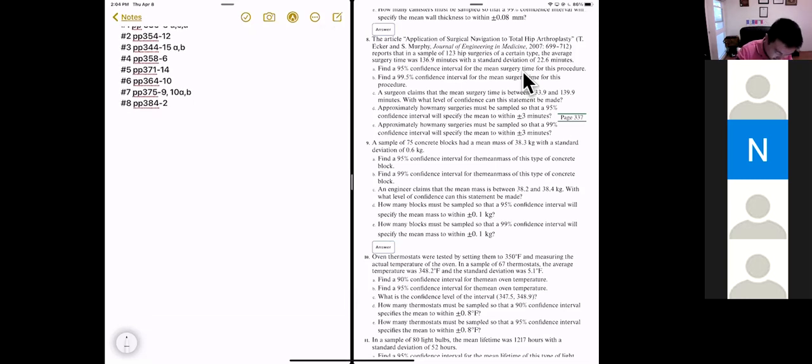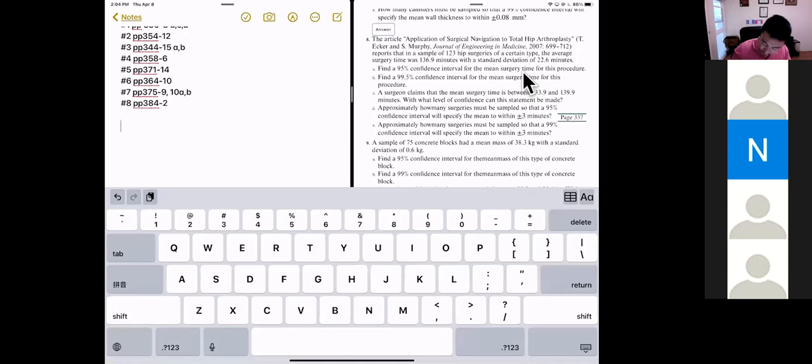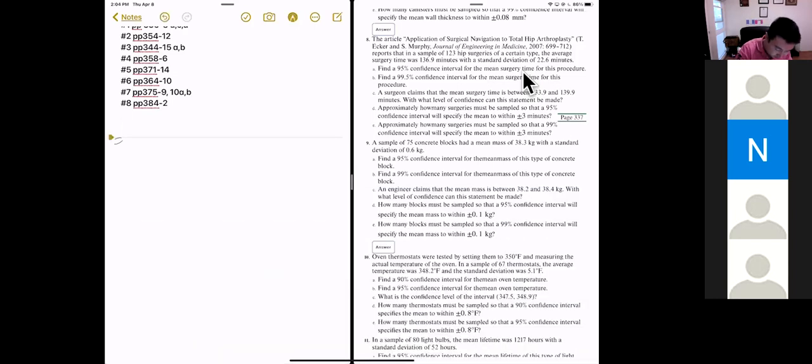Let me write down the equation. So this is the first question. Large sample, CI for population mean, and this is for any type of distribution.